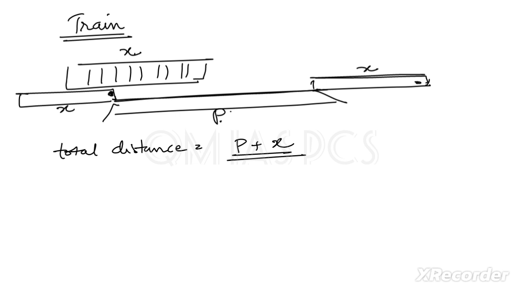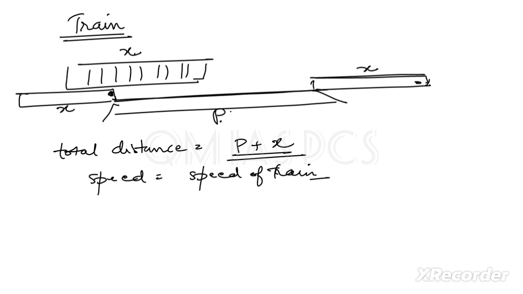So whenever we write speed, it will be the speed of the train. Now you can calculate the time by which it will pass the platform. Is it clear? So whatever data is given, based on that we can calculate the length of the platform, or the time of passing.